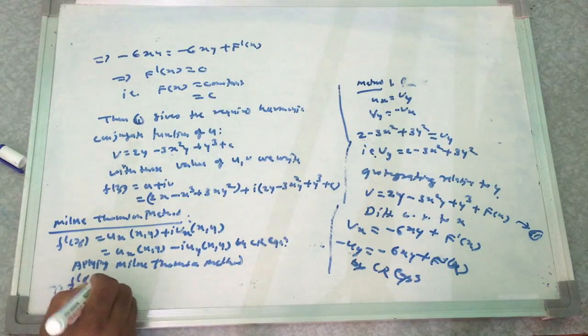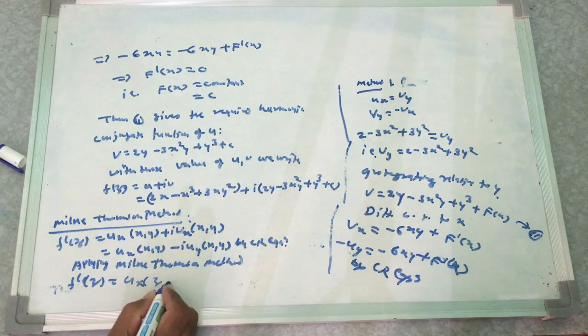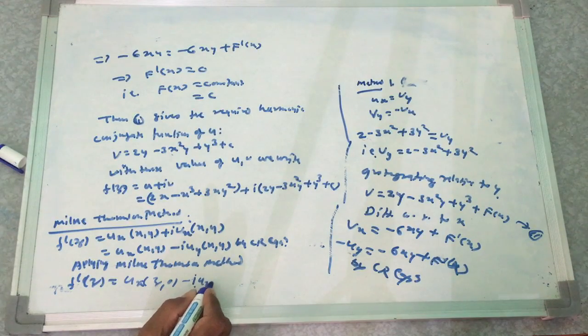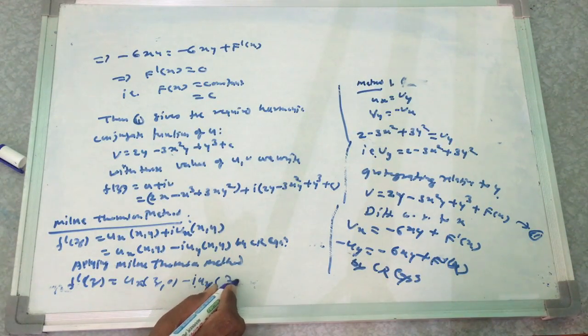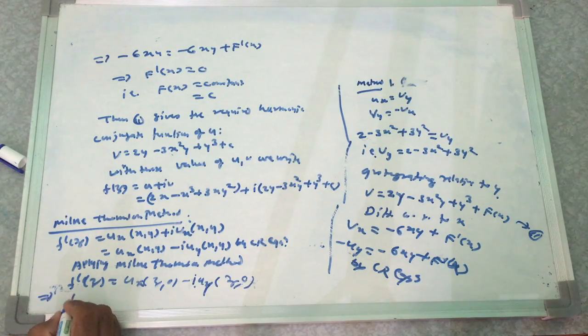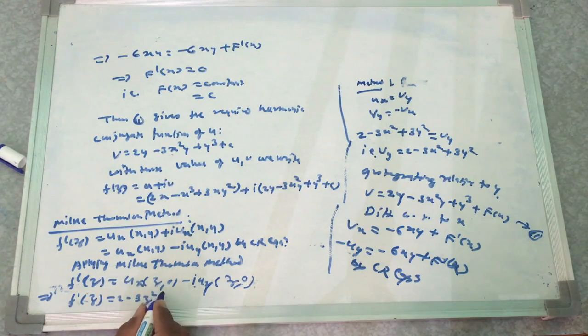F dash of z is equal to u_x(z,0) minus i u_y(z,0), so that is equal to f dash of z is 2 minus 3z square plus i into 0.